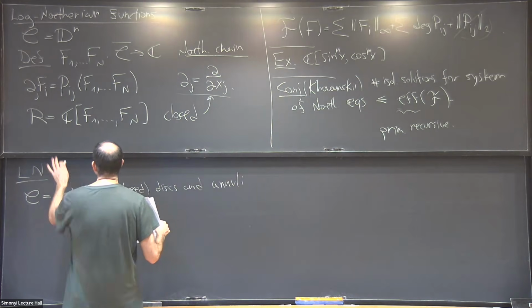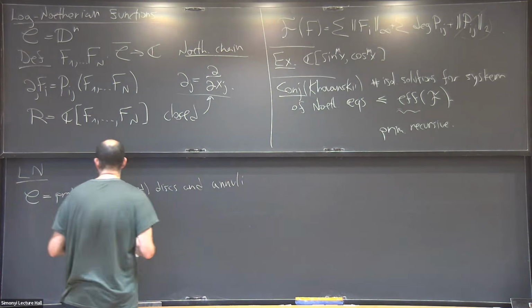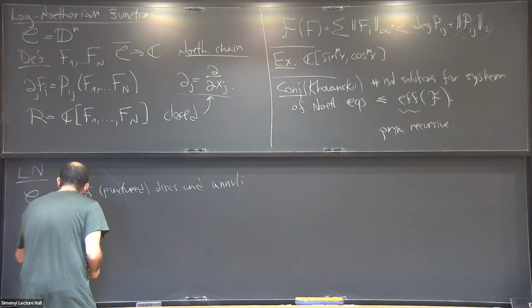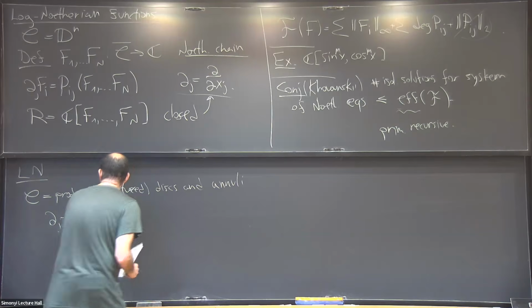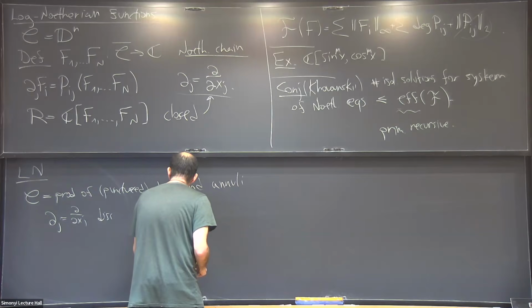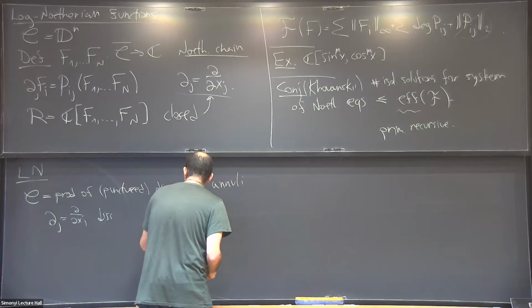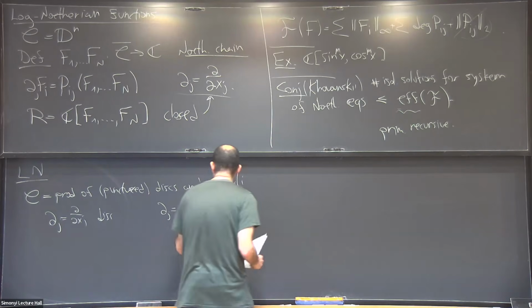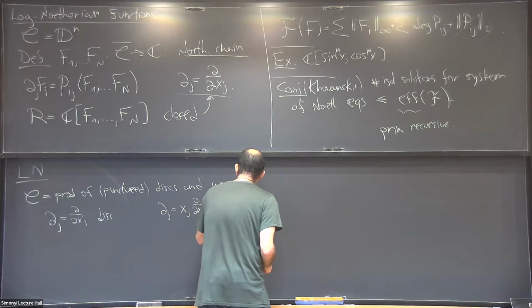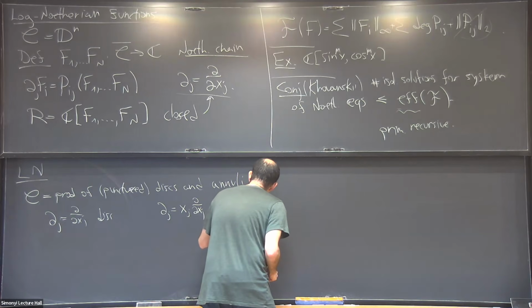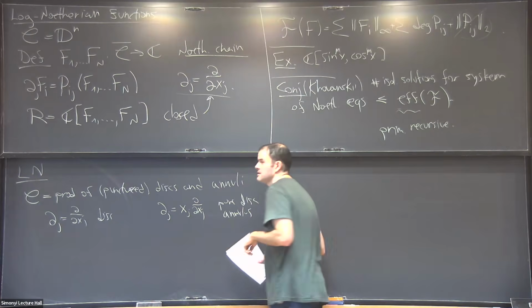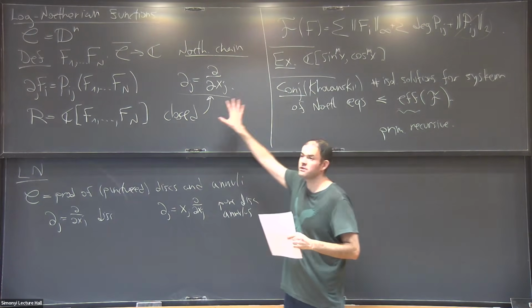And what I'll do is change the derivatives that I take. I'm going to take delta j to be just the usual d by dxj if the coordinate is a disk, but I'll take delta j to be xj d by dxj if we're dealing with a punctured disk or an annulus. The rest of the definition I'll keep the same.